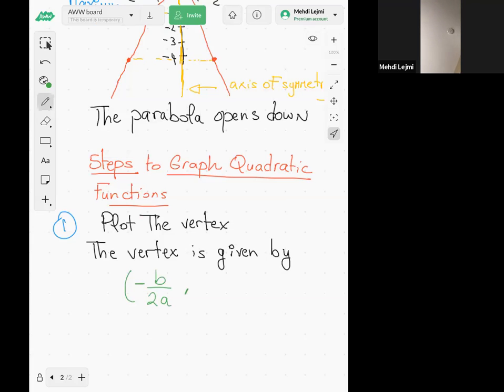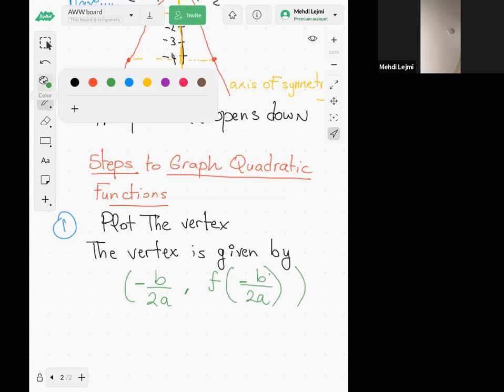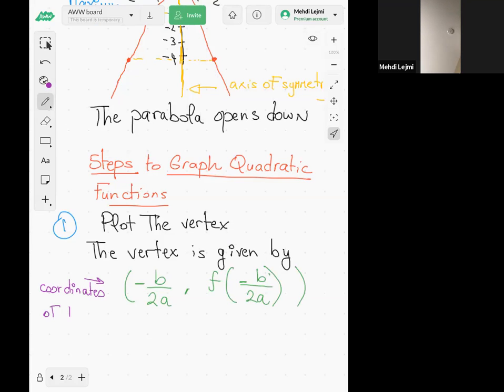That would be the x coordinate of the vertex. And the y coordinate is just f of minus b over 2a. So these are the coordinates of the vertex.